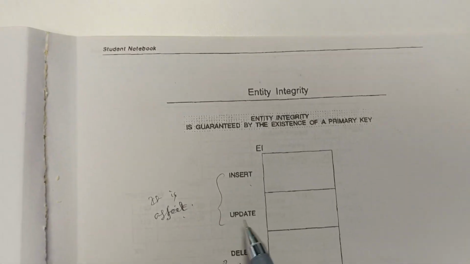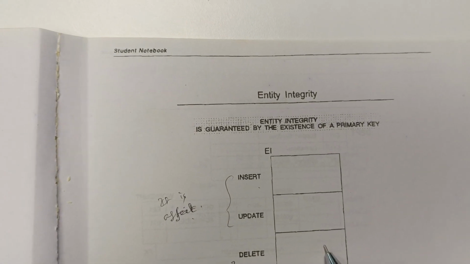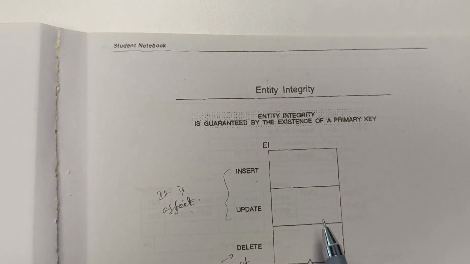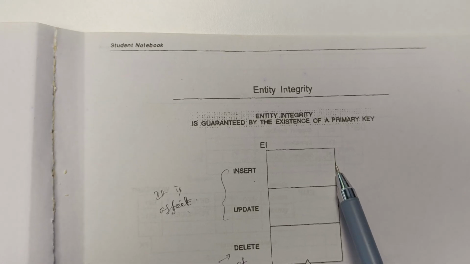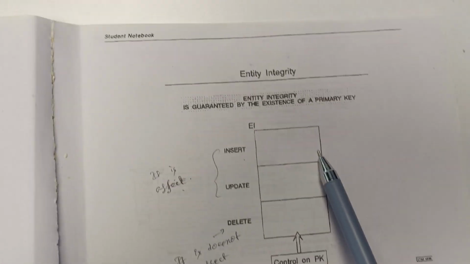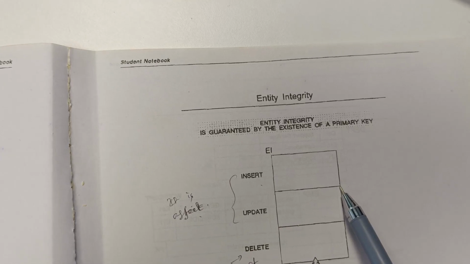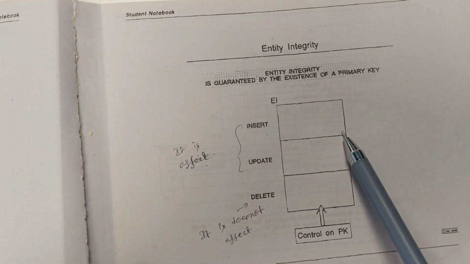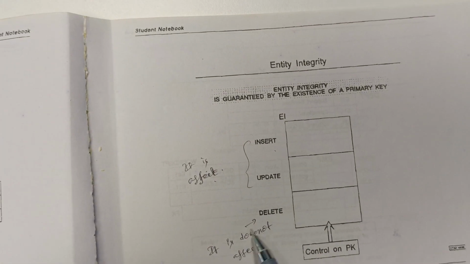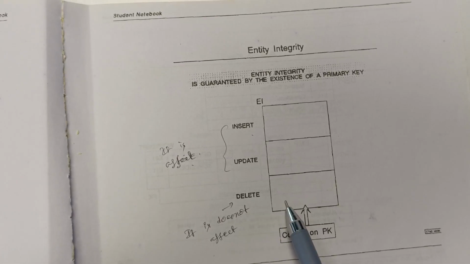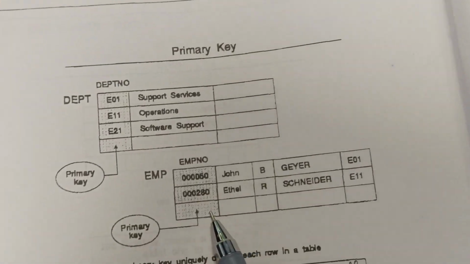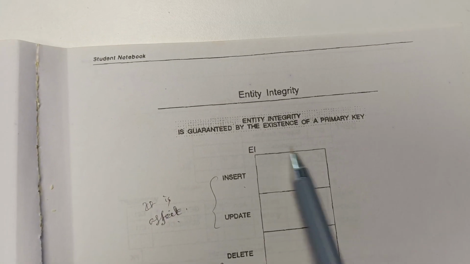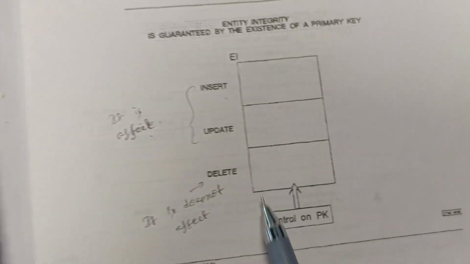Entity integrity controls the primary key, meaning it takes effect whenever inserting, and whenever updating also, because for the same primary key you are going to update or insert, the data should be present. Similarly, if I update some data like first name and last name for the same corresponding unique key, employee number, then it follows the entity integrity rule. But whenever deleting, like deleting the whole record, one whole line, using the key, at that time it will not affect the entity integrity rule. It applies only to the insert and update rules.